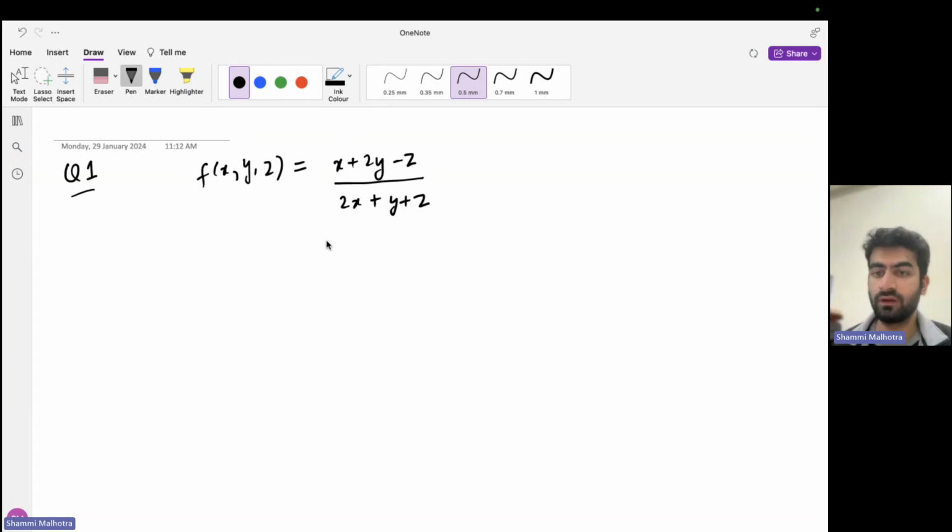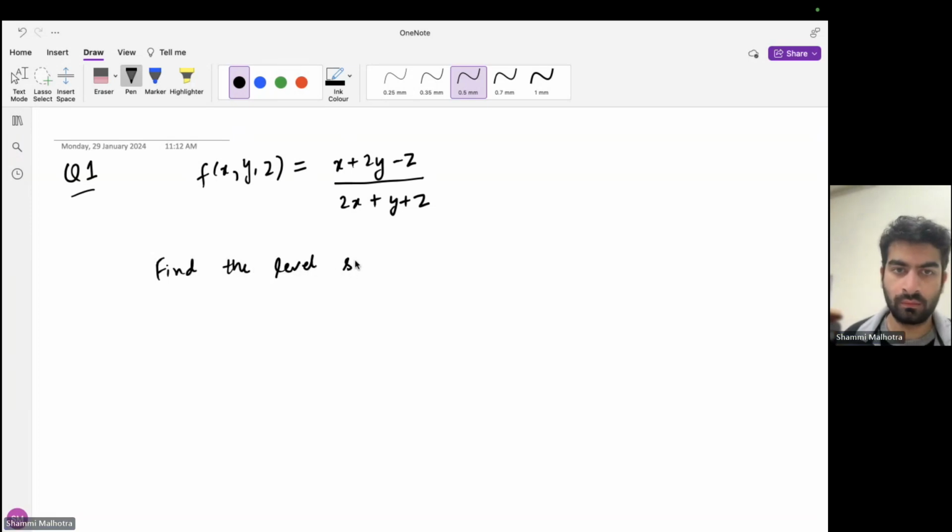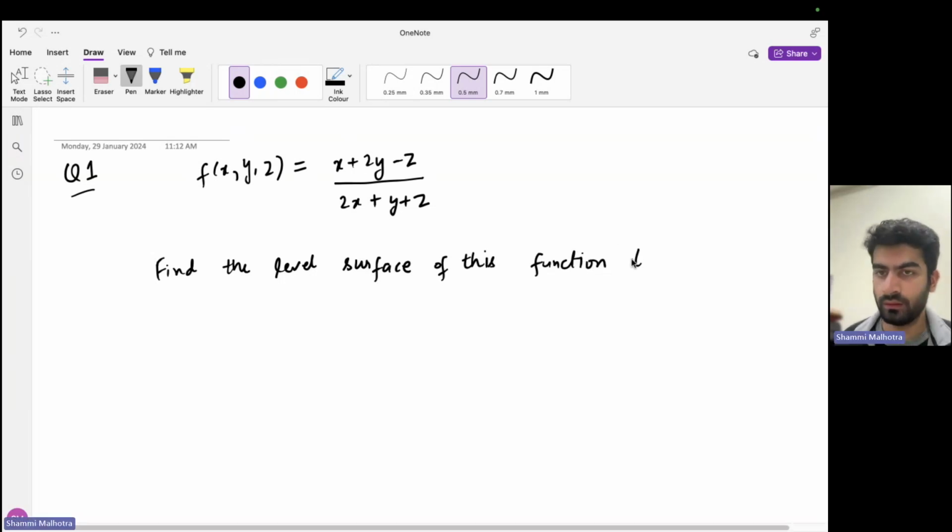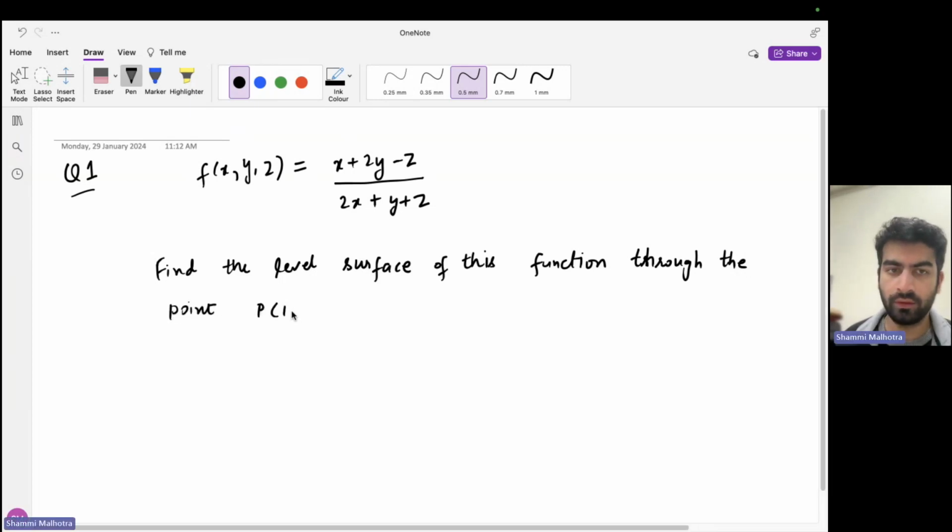What I want to do with this function is find the level surface of this function through the point (1, 2, 1).